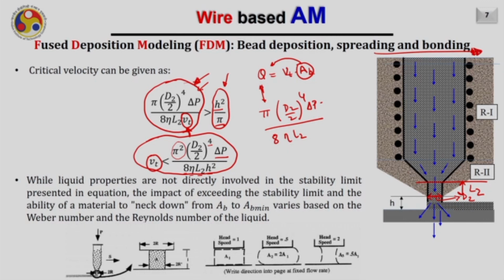As you can notice, the properties of the liquid are not directly involved in the stability limit presented in this equation. Therefore, the impact of exceeding the stability limit and the ability of the material to neck down from AB to AB minimum varies based on the Weber number and the Reynolds number of the liquid.